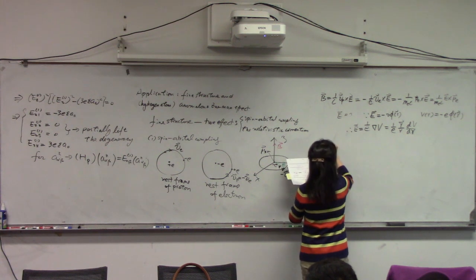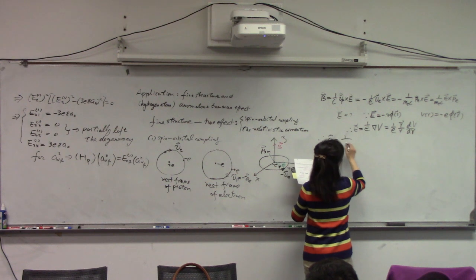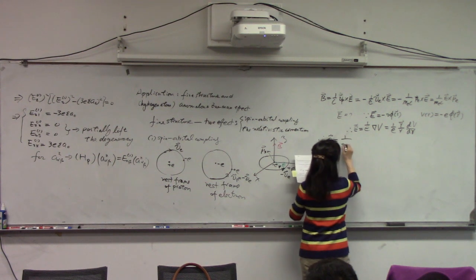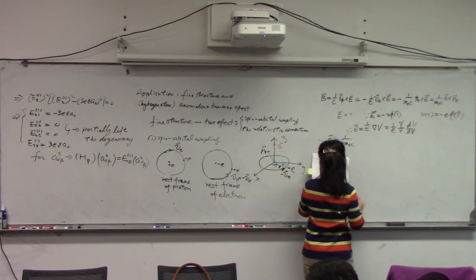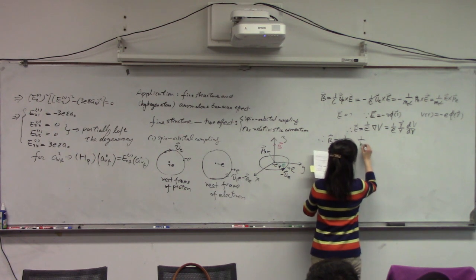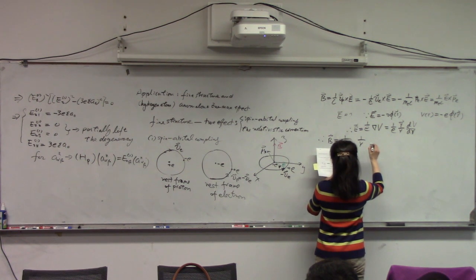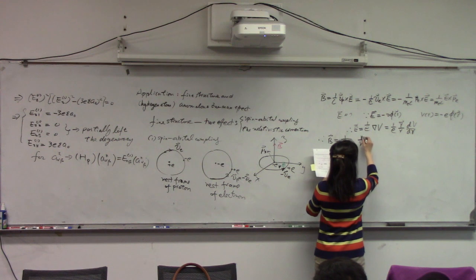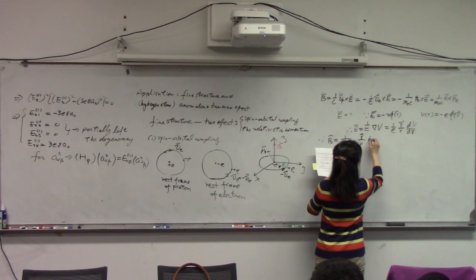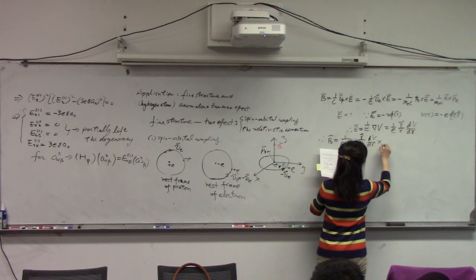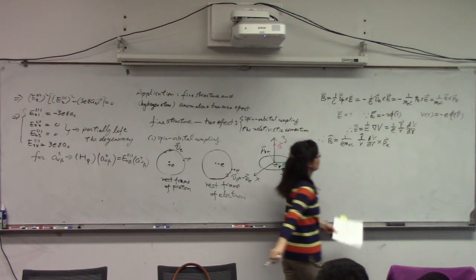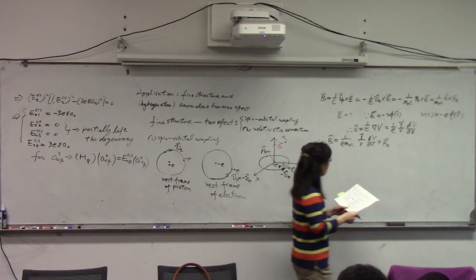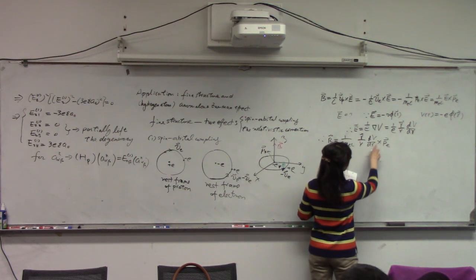So up to here, we can finally write B as 1 over, here I have e, right? So 1 over e m_e c, 1 over r, dV/dr, r cross p. And here, those are numbers now, right?